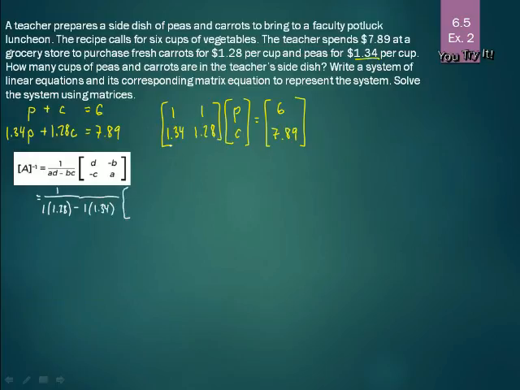And then D and A just switch places, so we have 1.28, 1, and the other two just switch signs. Simplifying this fraction, the bottom is 1 times 1.28, which is just 1.28, minus 1 times 1.34, just minusing 1.34, that gives us negative 0.06.